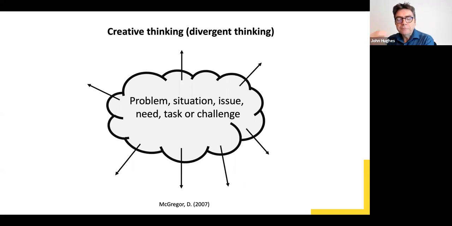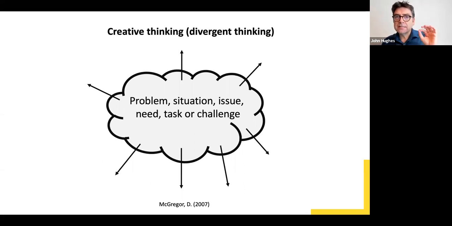And typically, we associate creative thinking with thinking outside the box, or divergent thinking. It's a response to a problem, a situation, an issue, a need, a task, or a challenge. So if we give students a problem to do in the classroom, we get them to use their divergent thinking. We get them to think outside the box.